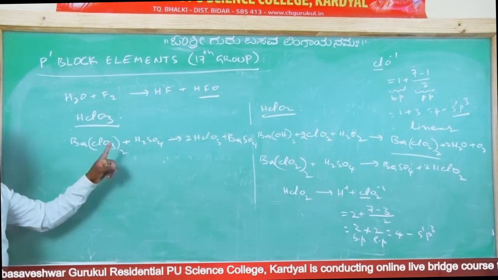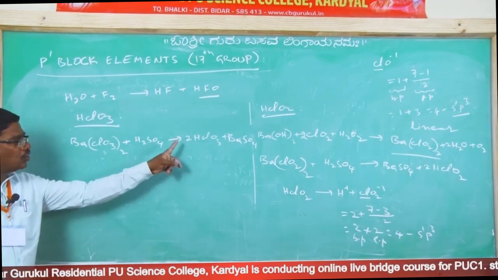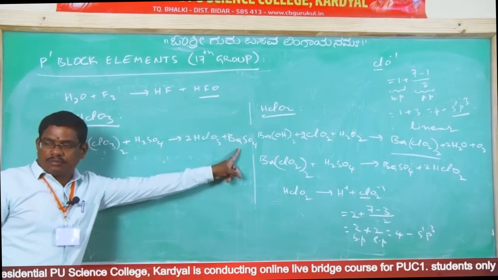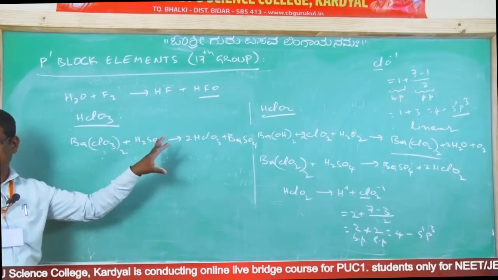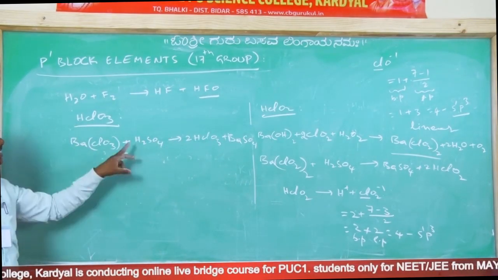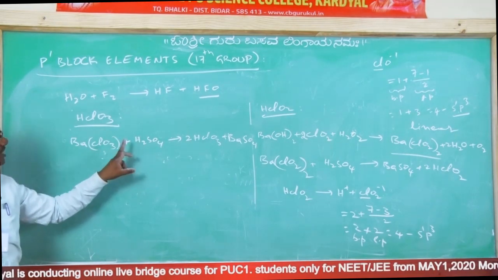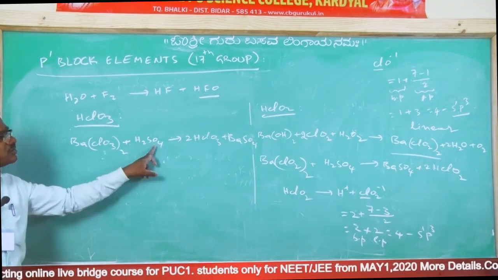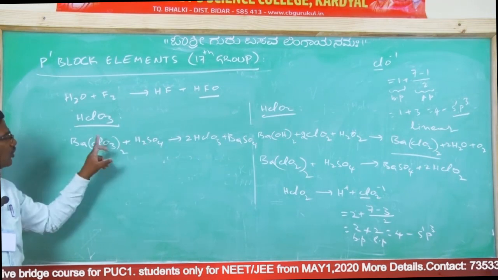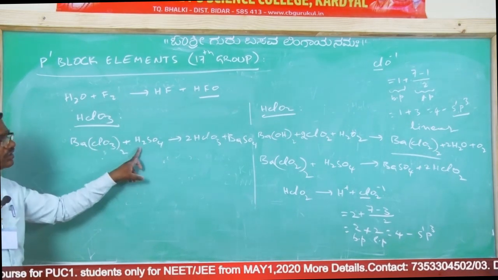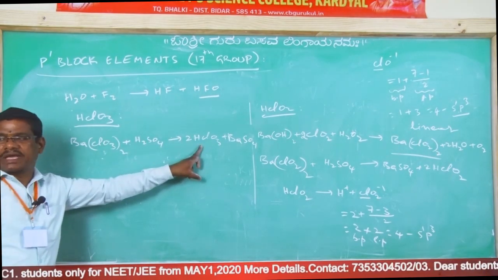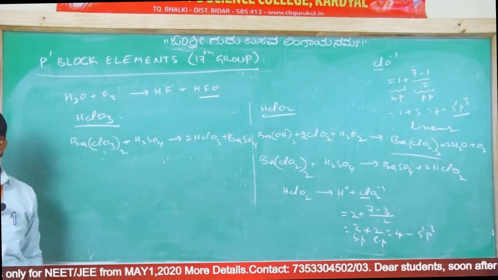It is a double displacement. Here Ba is displaced by hydrogen. The chlorate is displaced by sulfate. Sulfate goes with barium, chlorate goes with hydrogen. That's chloric acid. Like this chloric acid is prepared.